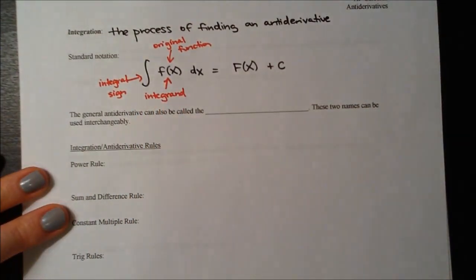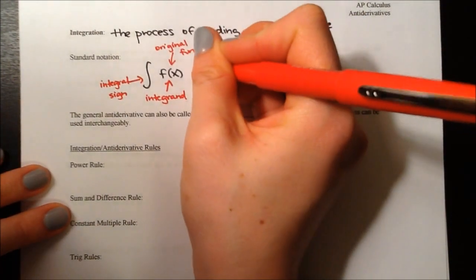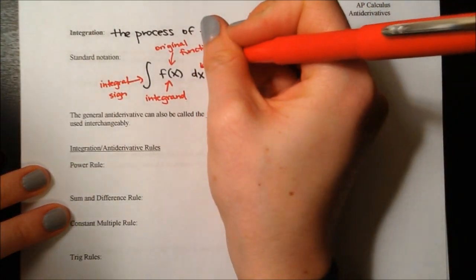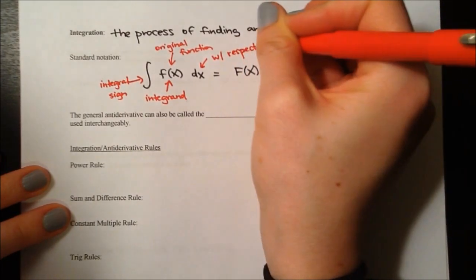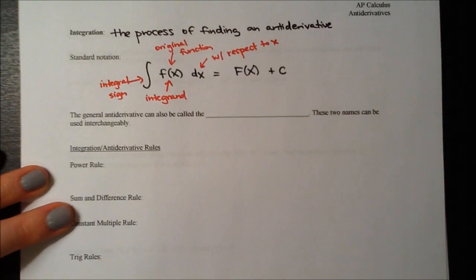So anytime that I refer to the integrand, that is what is inside of the antiderivative or the integral symbol. This right here just means with respect to x. So that's what it means when you see that.